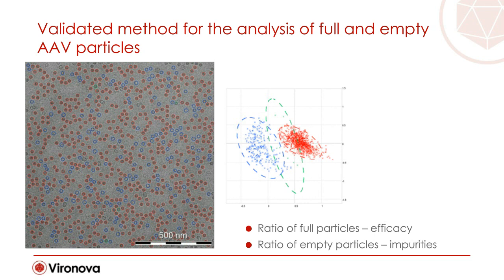Okay. How was the quality of the negative stain preparation assessed? Yeah, so going back to, let me show you the, where do I have that? I'm just trying to find this slide here, I think. Yes.